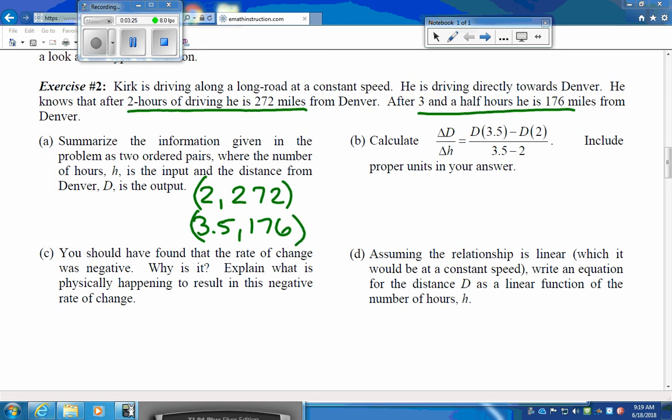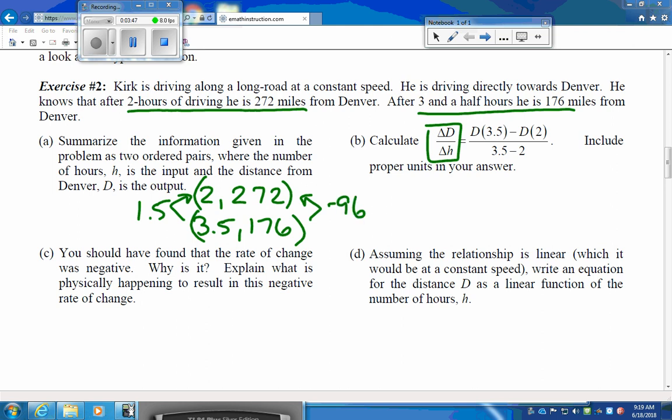Now they want us to figure out the rate of change: the change in the distance divided by the change in the hours. If we do bottom minus top, we have 1.5 hours that went by. And for the miles, it's going to be negative 96.